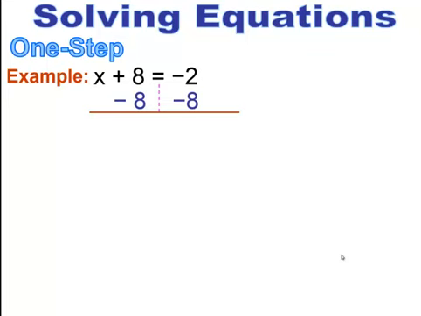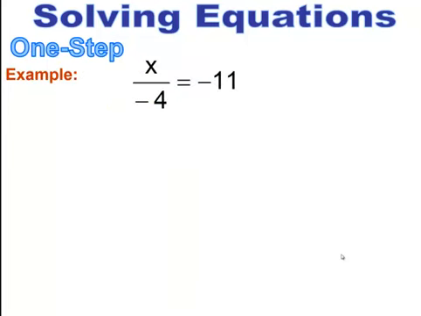So I'm subtracting 8 from both sides so that I can isolate the variable. So I'm left with x, and that plus 8 minus 8 will cancel, bring down that equal sign, and then do the arithmetic. Negative 2 minus 8, same sign, add and keep the sign. So you end up with a negative 10.